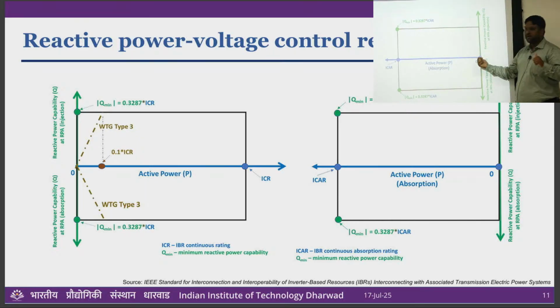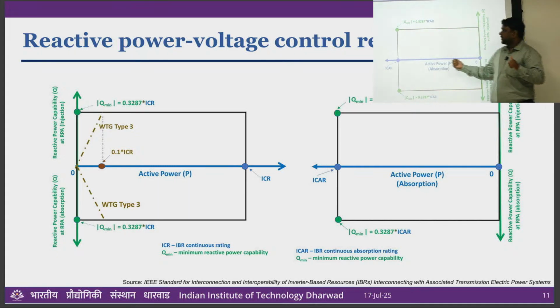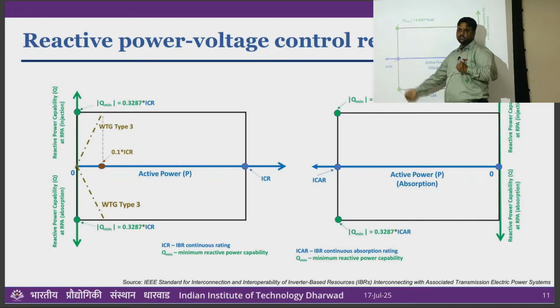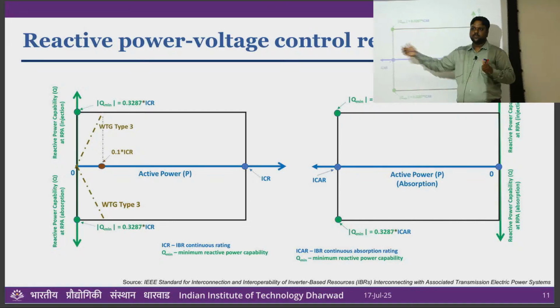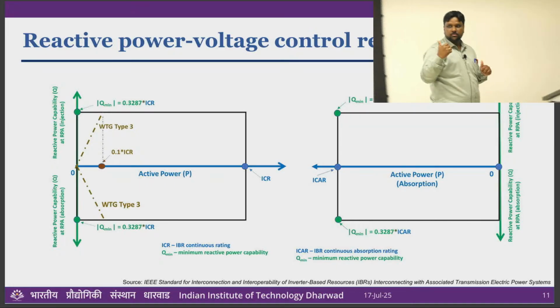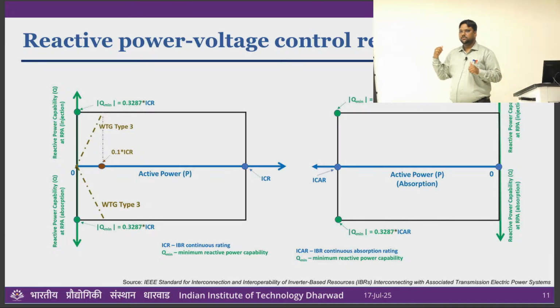This is your zero point. So if it is consuming active power, from zero to 100%, you maintain your Q like this. This is for those generating active power, and this is for those consuming active power. For a battery it is both, charging and discharging.